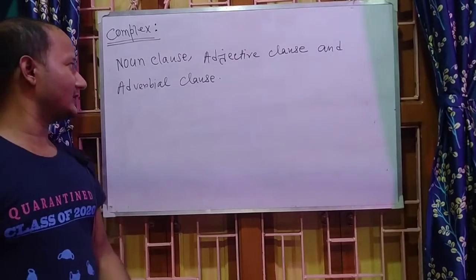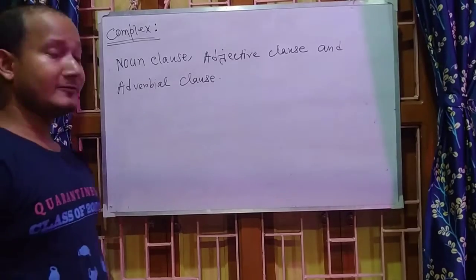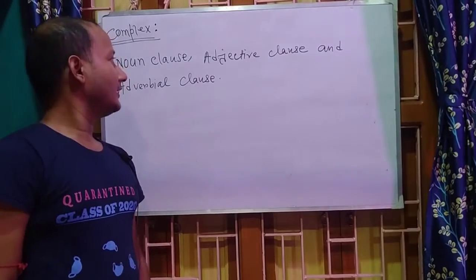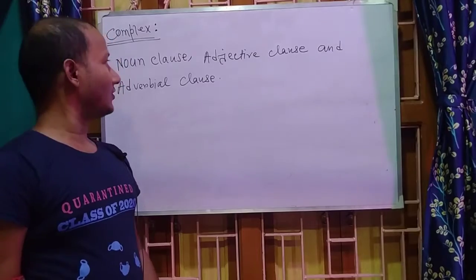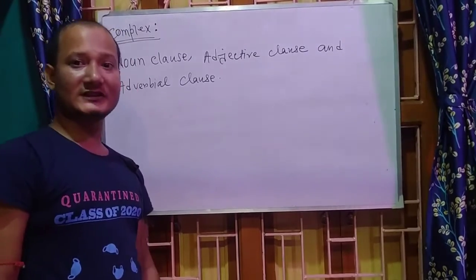Now, dear students, I have already told you that you have got a new term, namely clause. After the definition of compound sentence, I will explain what a clause is.